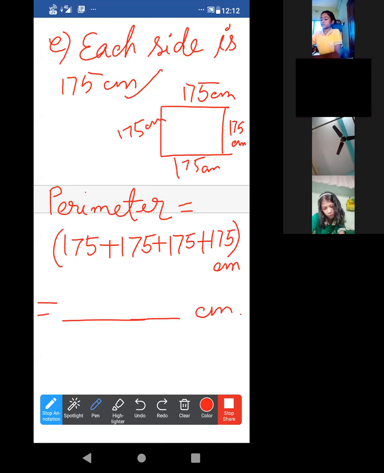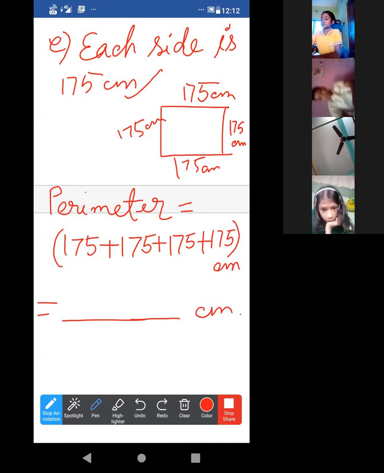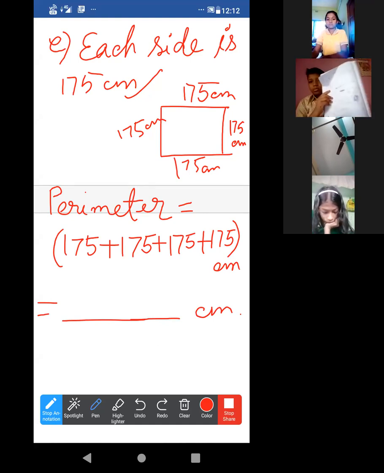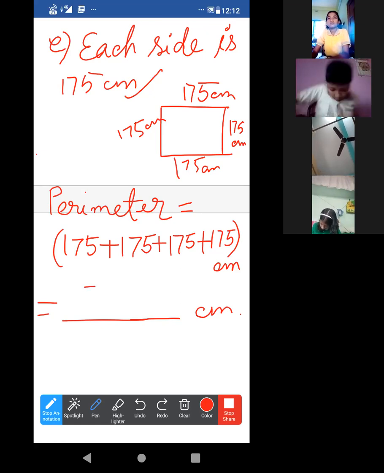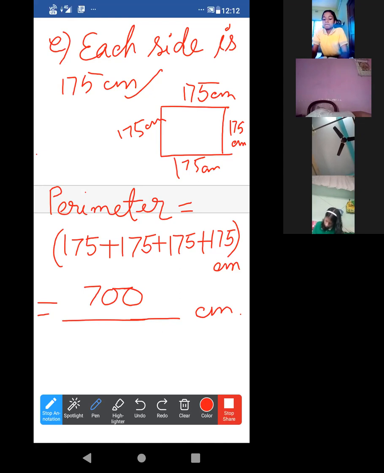Shifat, sit properly. No, Shayon, don't try to be over smart. Say the answer, beta. Tell me the answer. Show me your copy. Very good. Or you can do 4 into 175. 700 centimeter.